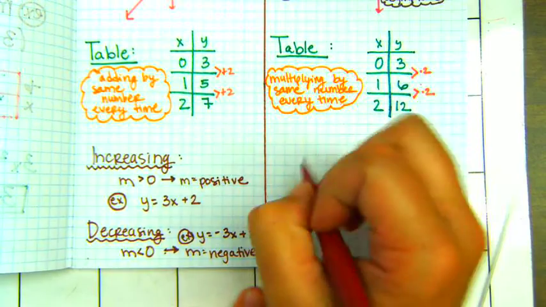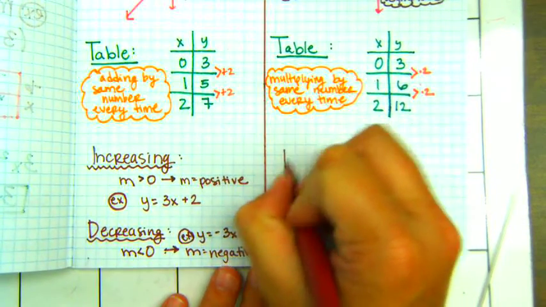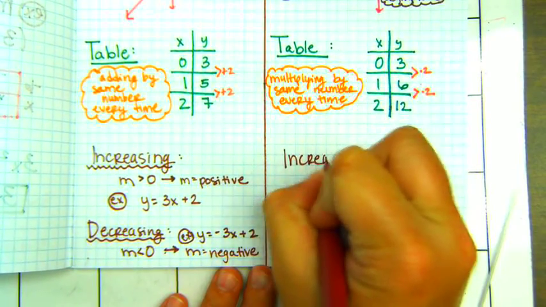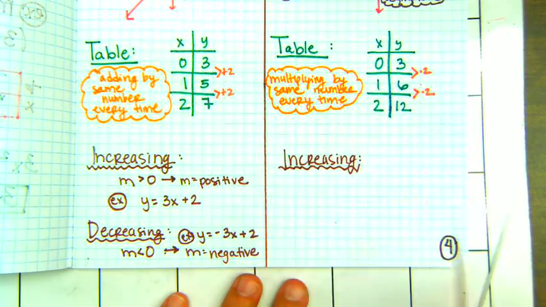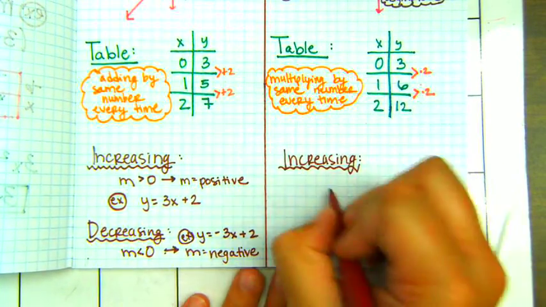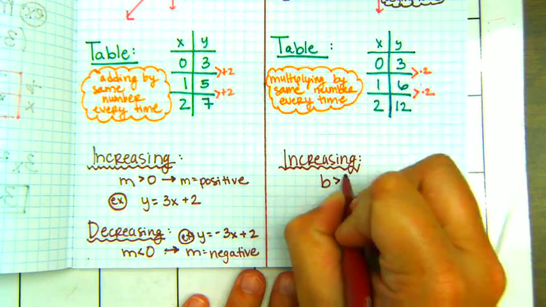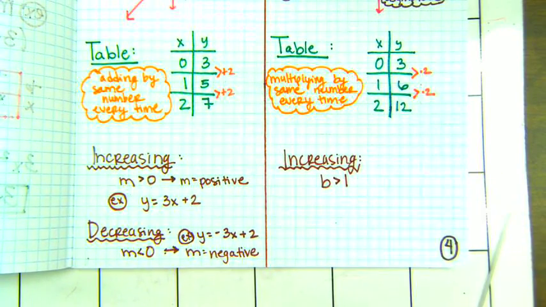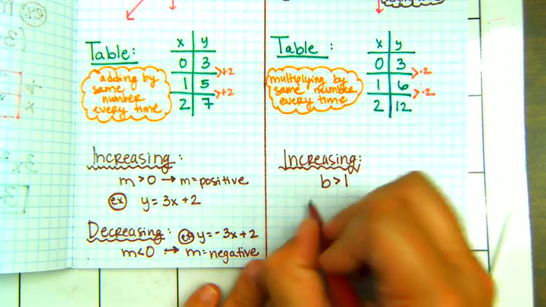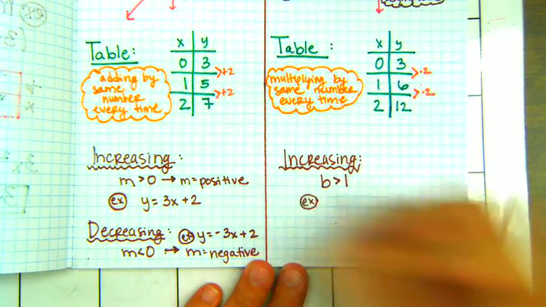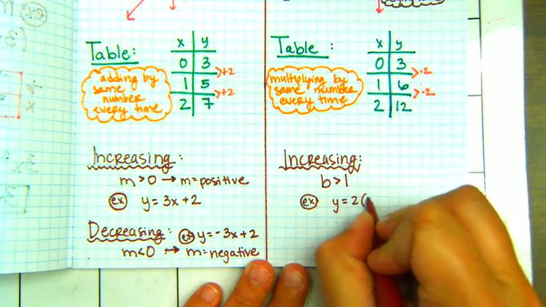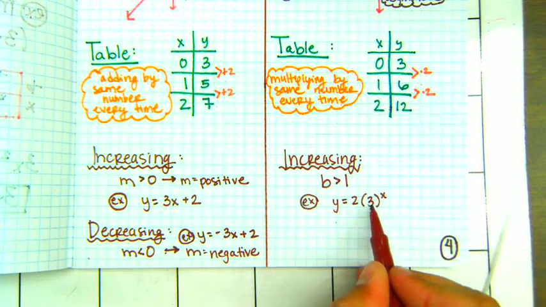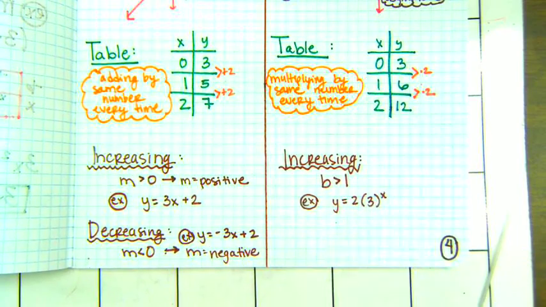For an increasing exponential function, your b has to be greater than 1. That b value has to be greater than 1. So an example of that could be y equals 2 times 3 to the x. That b is a 3 and it's greater than 1.